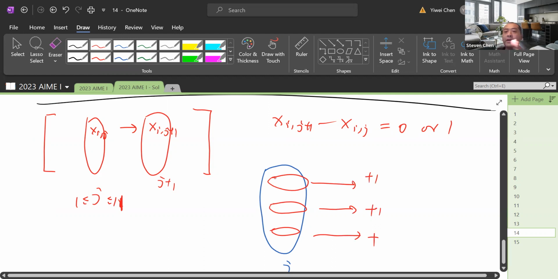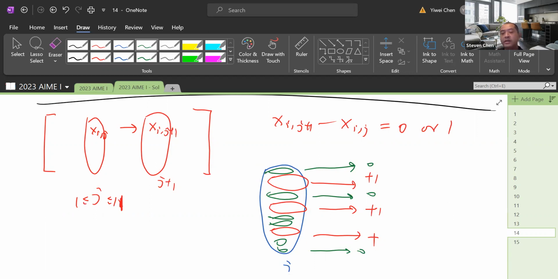And for all the rest of the entries, let me use green circles to represent them. Their values are not changed after the movement. Okay, so we have a mixture of 0 and 1. Let's see what the contradiction is.